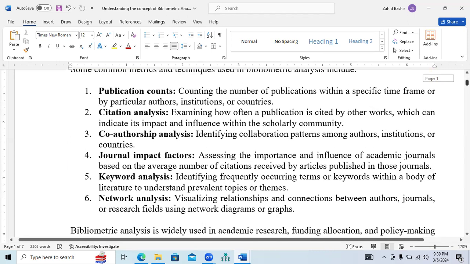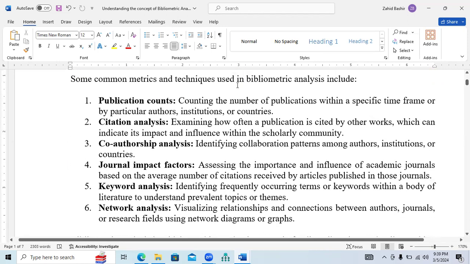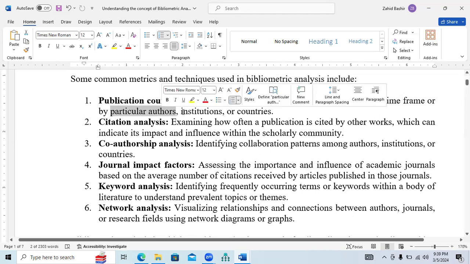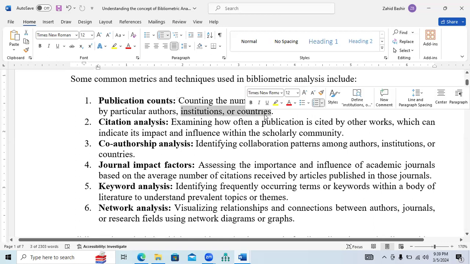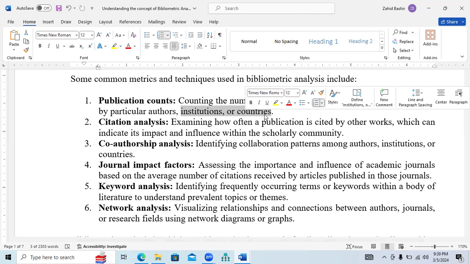So, what are the common metrics and techniques which are used in bibliometric analysis? It will let you know the publication count related to a specific field and a specific time frame by particular authors, institutions, or even countries. It will let you know in which countries your domain is more focused and more contributed.